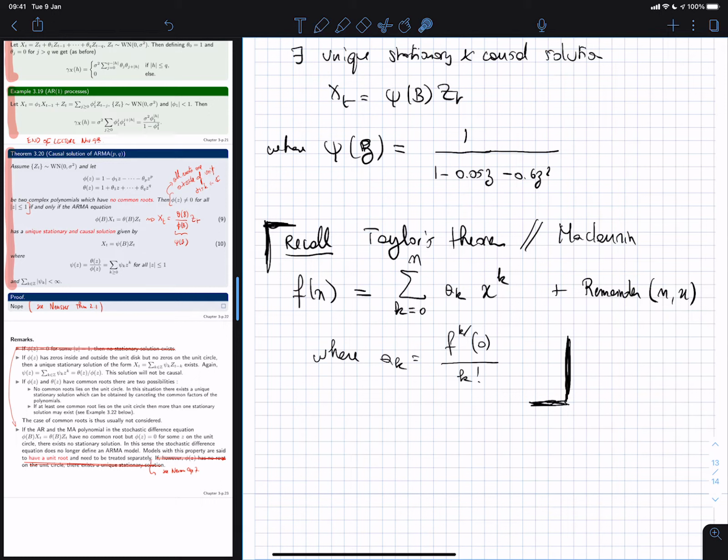Statistics is an application of Fubini and Taylor's theorem.